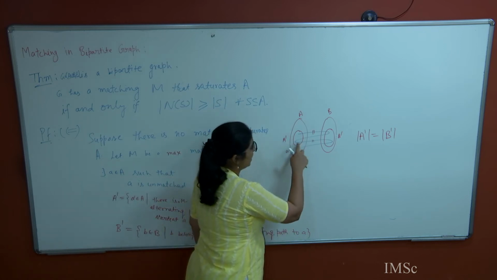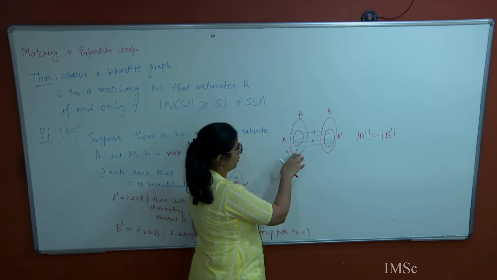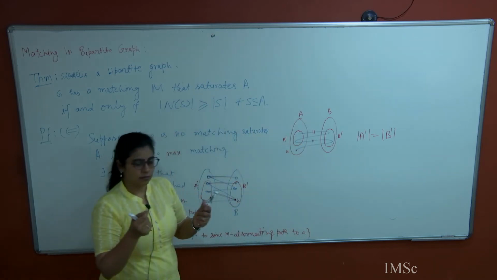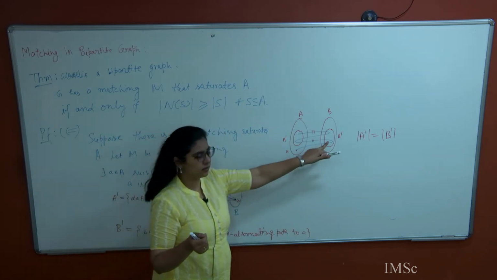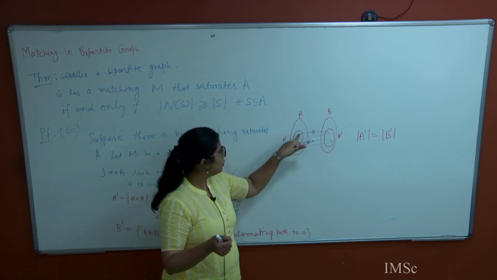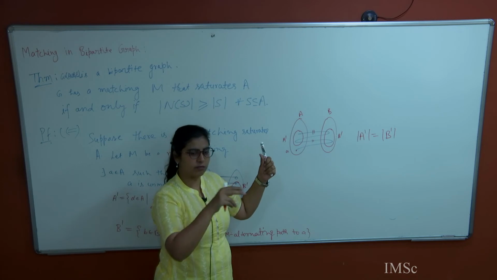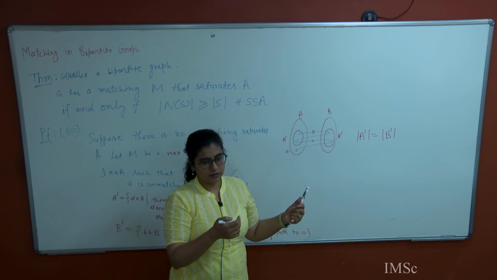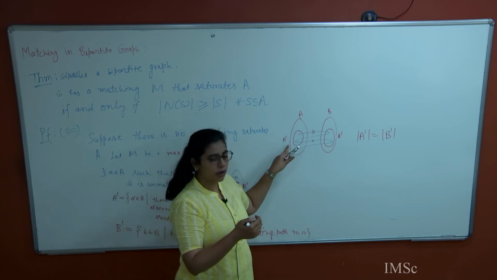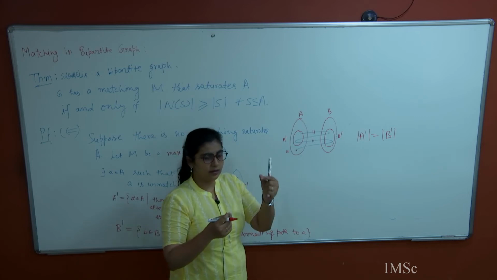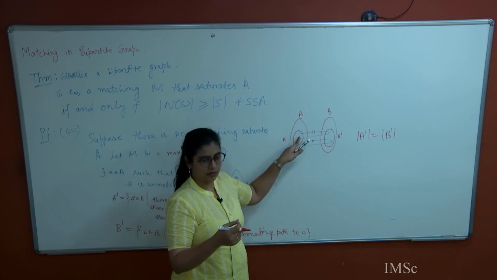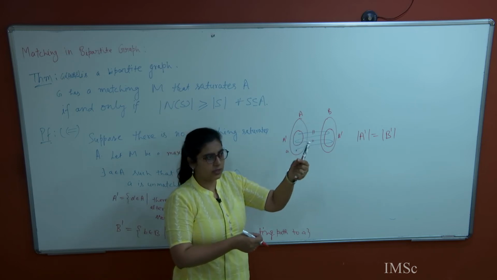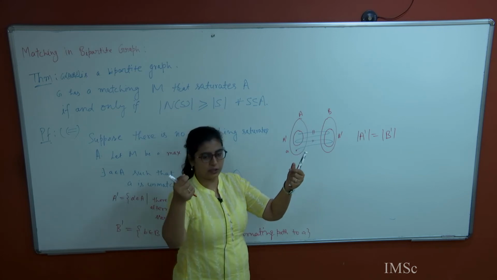Because in set A prime, A is not there. Whenever you are coming into A prime, you are coming with some matching edge from this path. And when you come lastly, you also come with some matching edge. So the last edge of your alternating path should be in the matching, because you have defined A prime as the vertices whose alternating path ends here, up to A. That means that vertex should be matched by some matching edge.